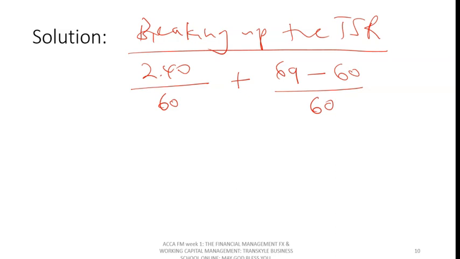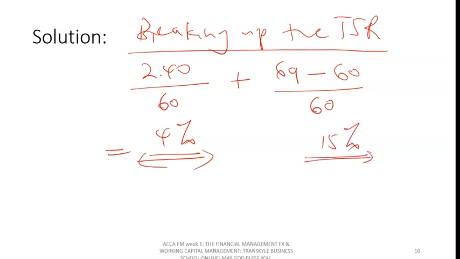We are trying to break the TSR. So you can see that 2.40 over 60 is equal to 4%. And 69 minus 60 over 60, that's 15%. So our TSR was 4% plus 15%, which gave 19%.